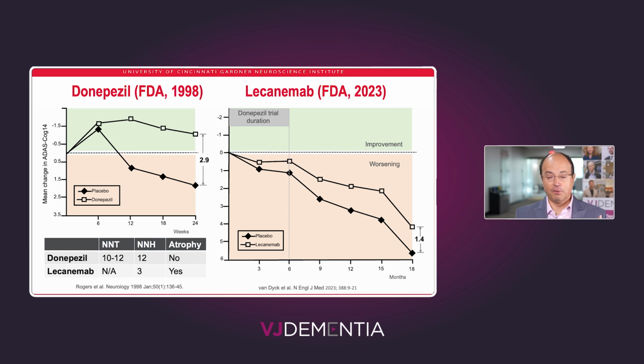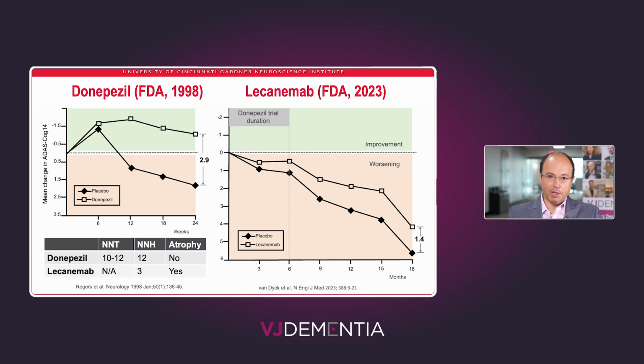We've always thought that donepezil is modest, but compared to lecanemab, it's actually almost twice as effective. And if we look at the key indices that clinicians must have to determine whether to use a therapy or not, you can see that donepezil has a number needed to treat of 10 to 12, whereas we don't know what that number is for lecanemab.